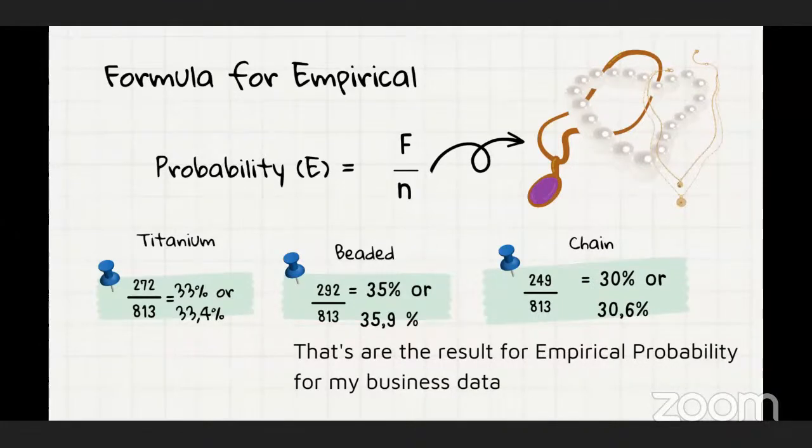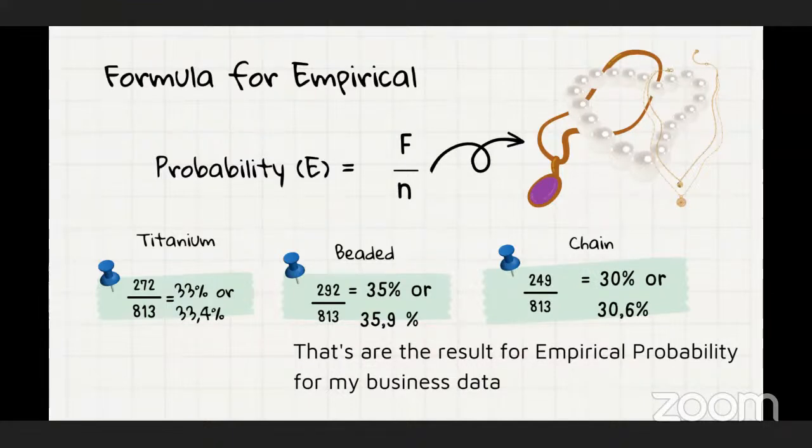So the probability E equals F divided by N. I'm going to search for each type, titanium first. 602 divided by 1830, which is 33% or 33.4%.